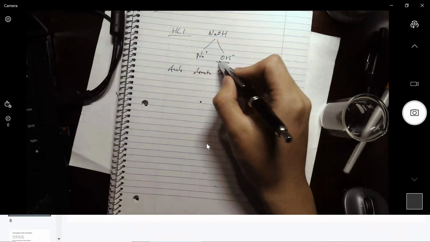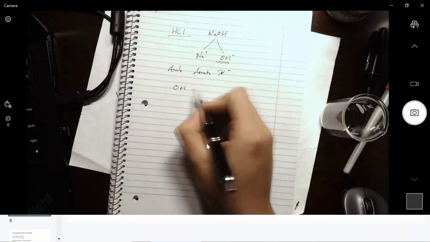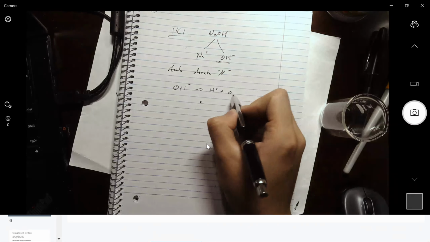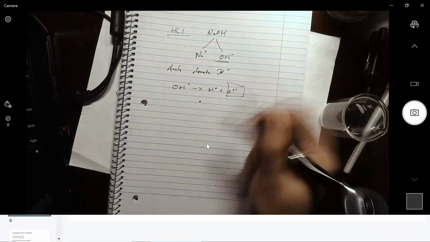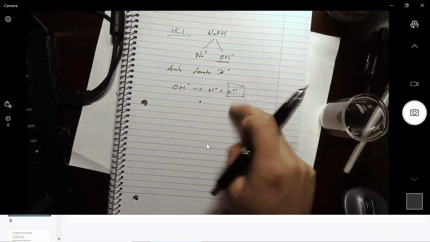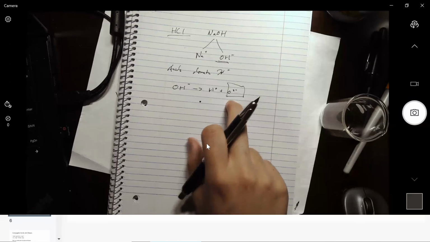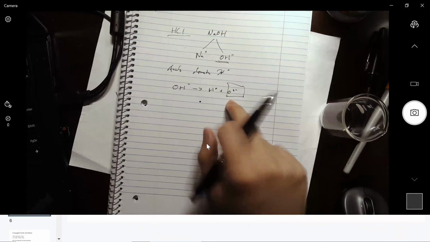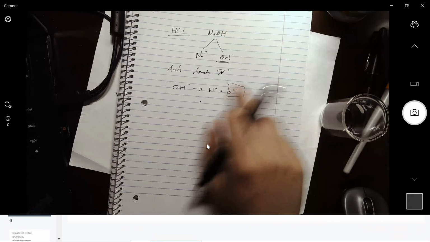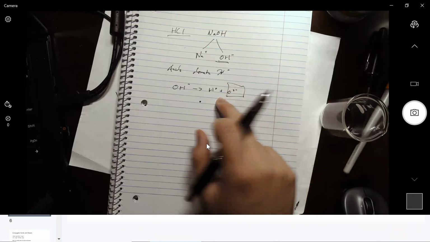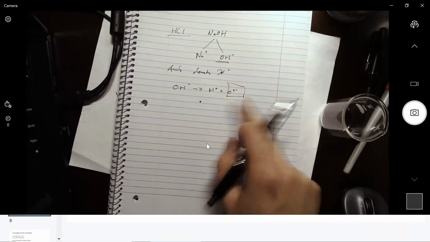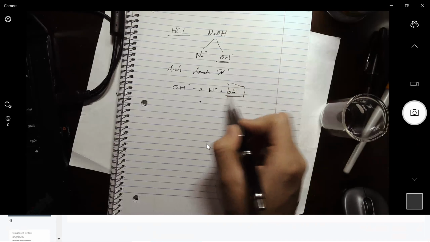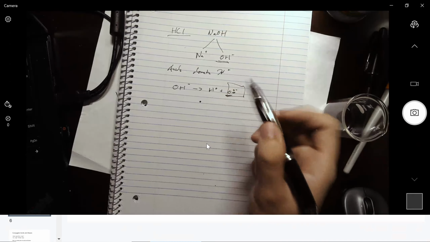So if OH- were to lose a proton, we form this O2- ion, and it's very difficult to actually form this O2- ion in aqueous solution, because any oxide ion will immediately react with water to form hydroxide. Also, we have this very large charge on a relatively small atom, so it's a bit difficult.